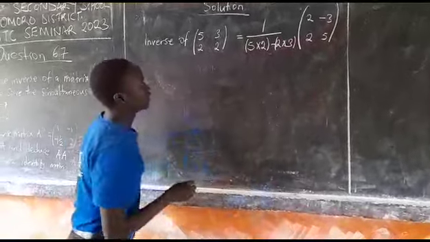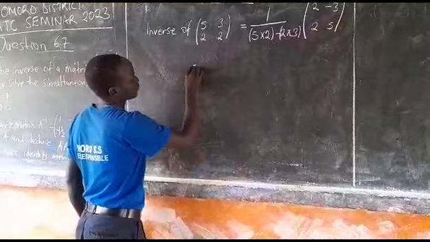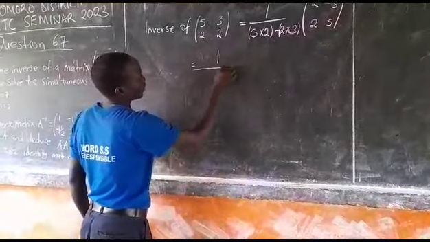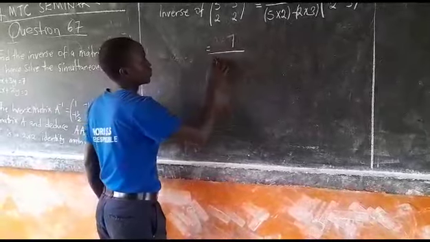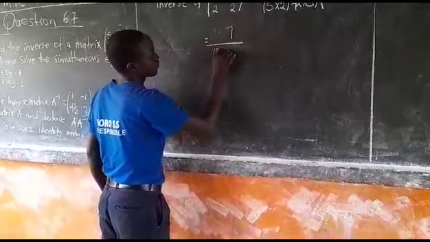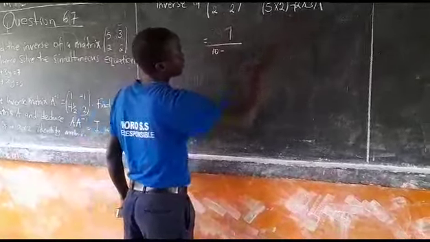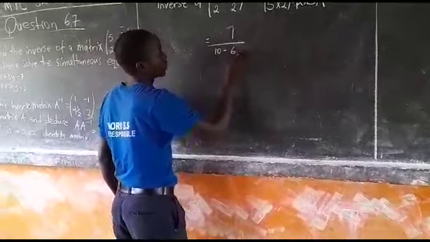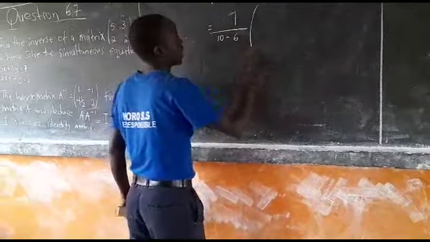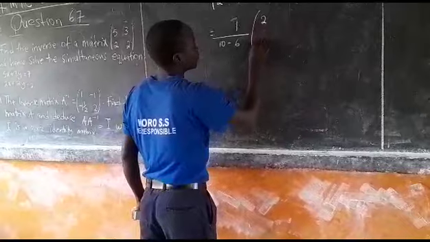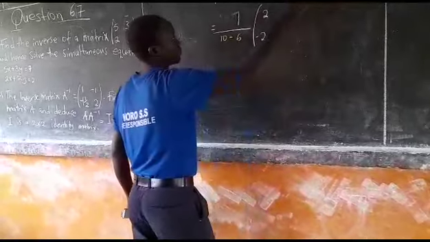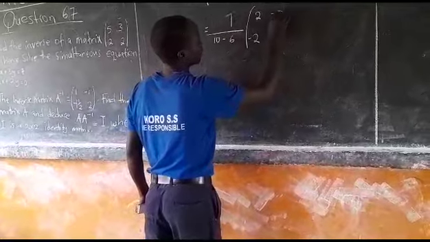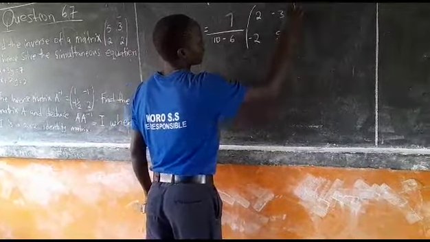Now you proceed and say 1 over this one. When you multiply 5 by 2, it's going to be 10 minus 2 times 0, times the adjoint 2, negative 0, 5.